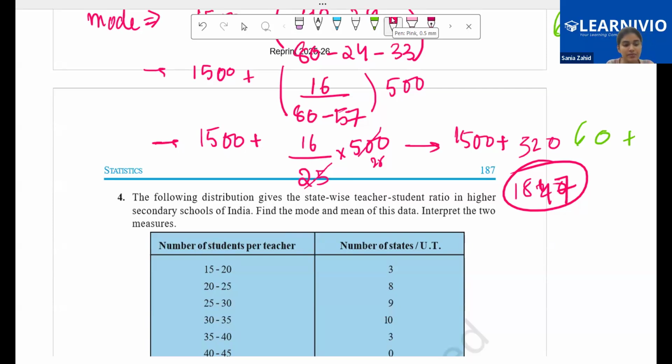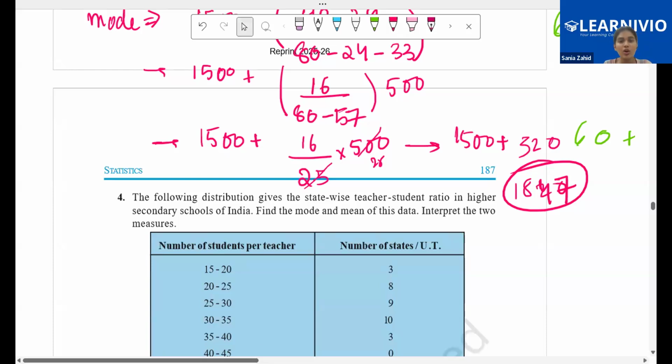Where did you make a mistake? What's the issue, Umer? Where did you make a mistake? Oh, I made a mistake in the denominator.